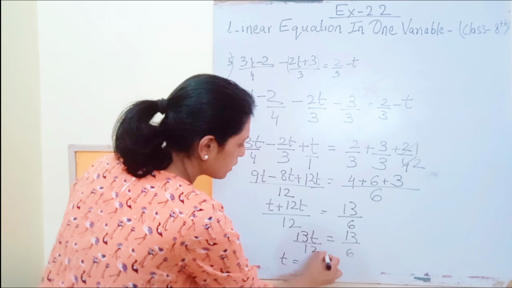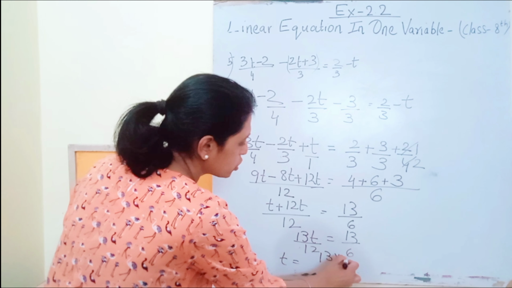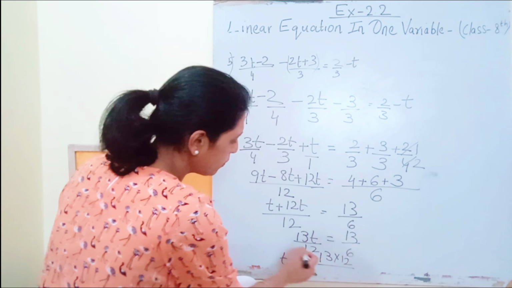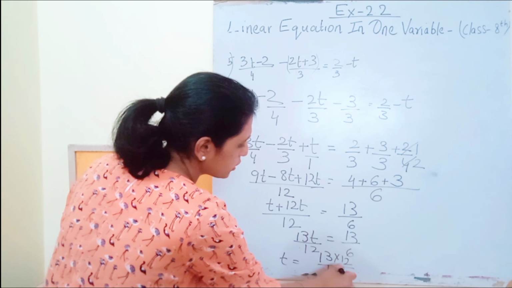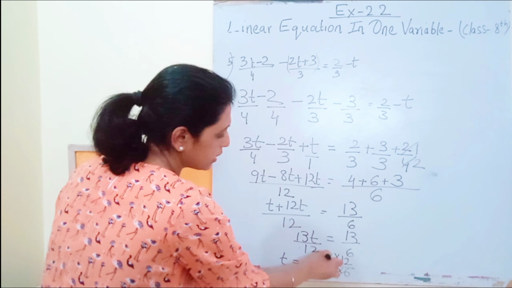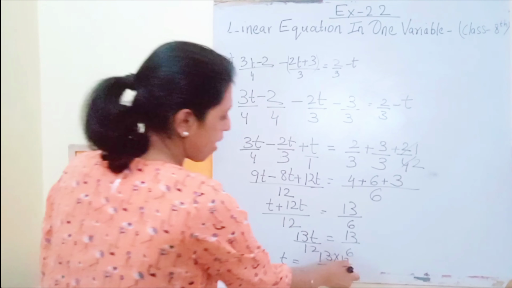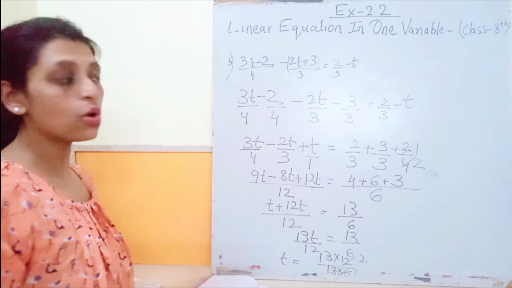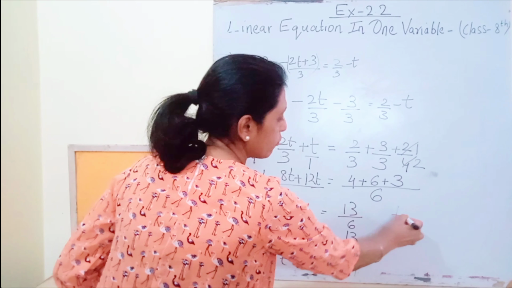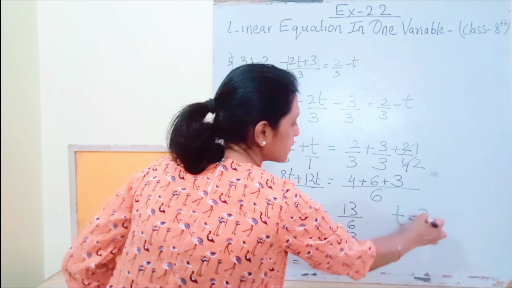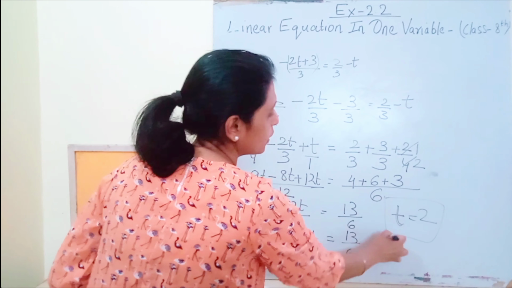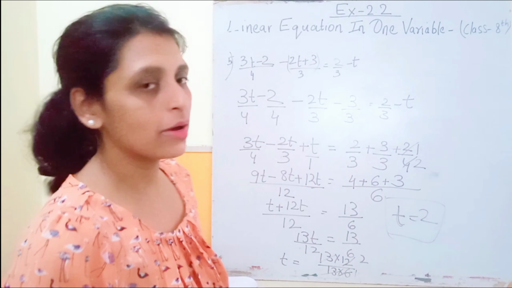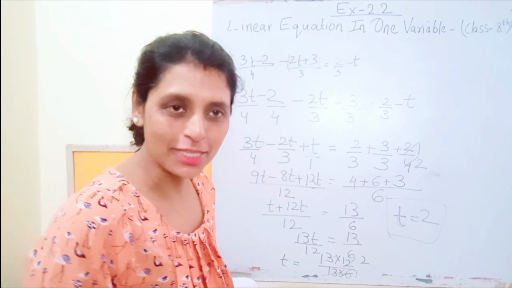So it will be 13 into 12 upon 13 into 6. 13 ones are 13 and 6 ones are 6, 6 twos are 12. So what is the value of the variable t here? It is 2.